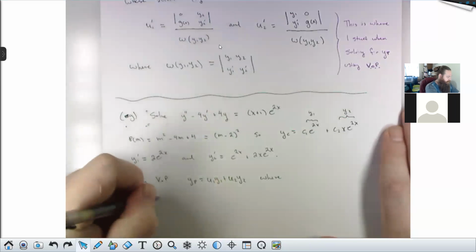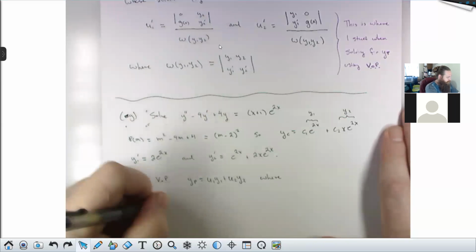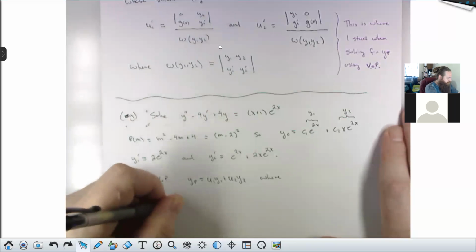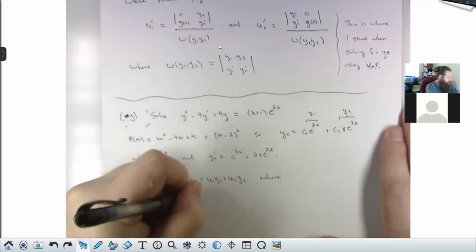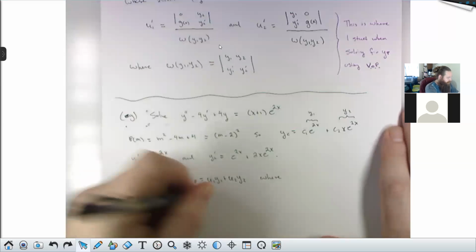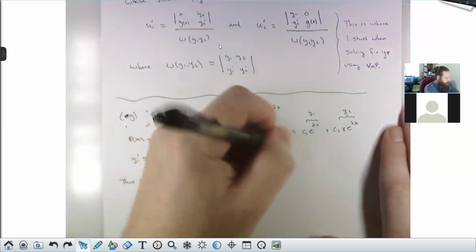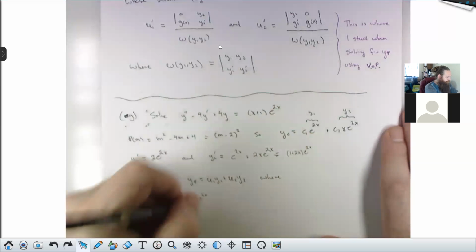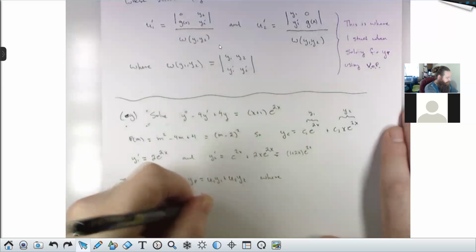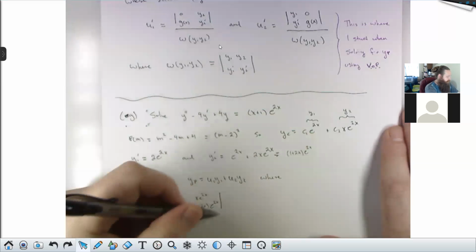So that's 0, g of x, which is my right-hand side, x plus 1 e to the 2x. And then y2, y2 prime. y2 is x e to the 2x. And y2 prime, I'm going to factor out the e to the 2x here. That's 1 plus 2x e to the 2x. Divided by the Wronskian.